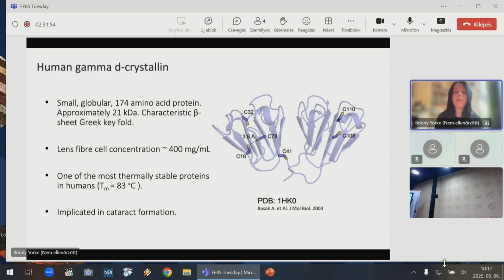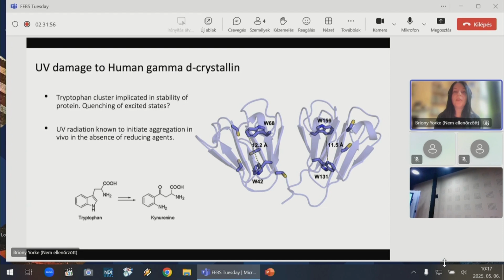It is also very, very stable to UV radiation, and this has been ascribed to a number of tryptophan residues. There are 2 in each domain, and these have been described as a cluster, even though they're not very close together. Tryptophan 42 and 68 are 12.2 angstroms apart, and tryptophan 131 and 156 are 11.5 angstroms apart.